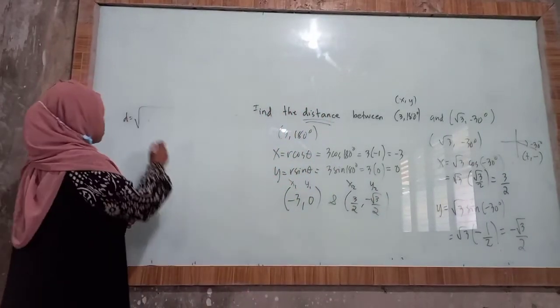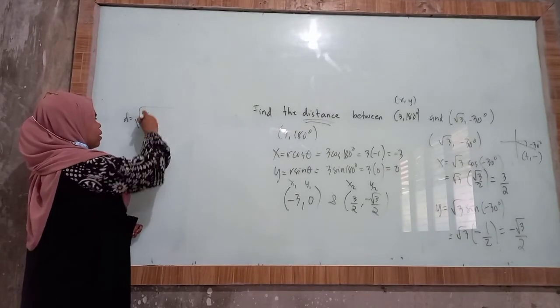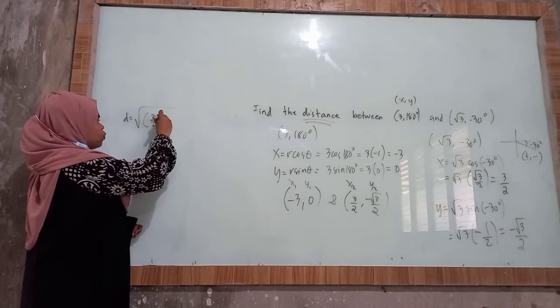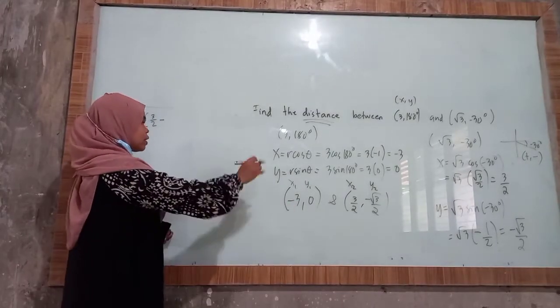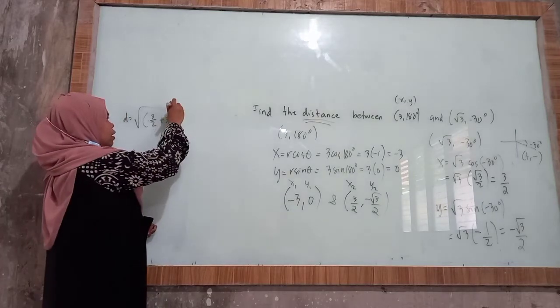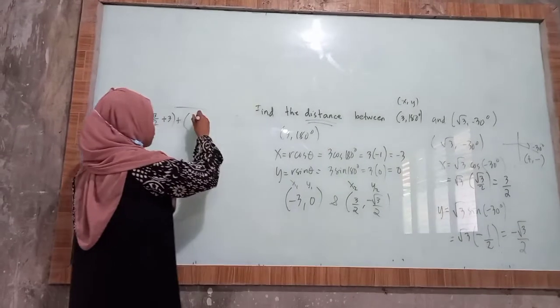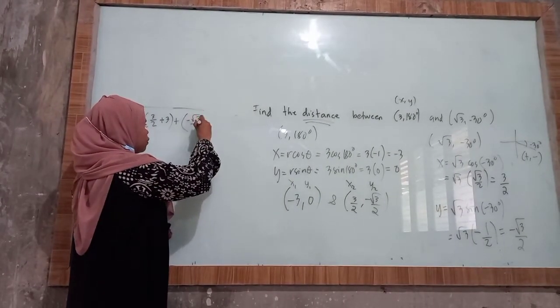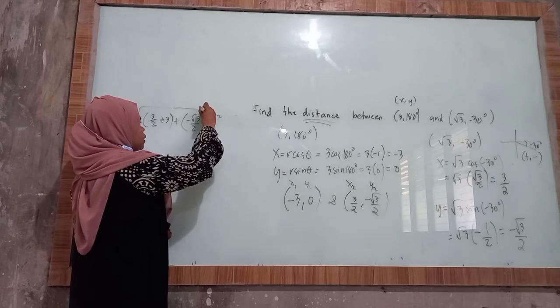Okay? So square root of x sub 2 minus x sub 1. So I have 3 over 2 minus x sub 1 ako na negative 3. So minus negative 3, that will be positive 3. Right? And then last, y sub 2, I have negative square root of 3 over 2 minus 0, quantity squared.